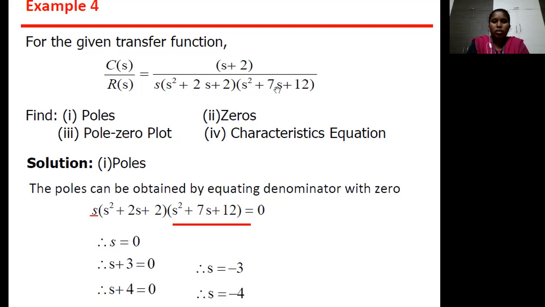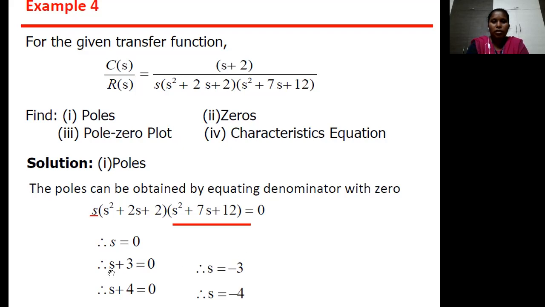That is s into (s square plus 2s plus 2) into (s square plus 7s plus 12) is equal to 0. Therefore s can be taken as s plus 0, that means s is equal to 0. And we can write s square plus 7s plus 12 as (s plus 3) into (s plus 4). Why?